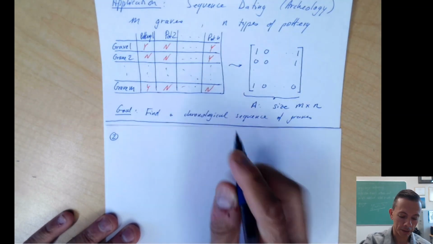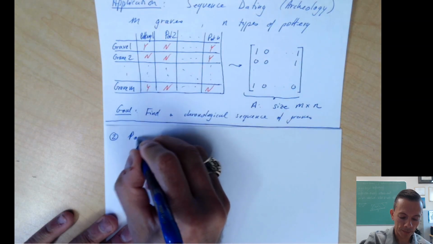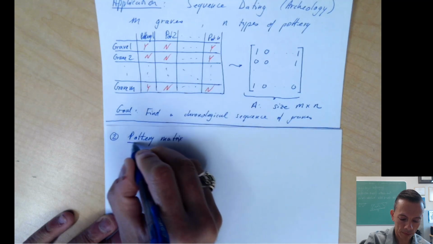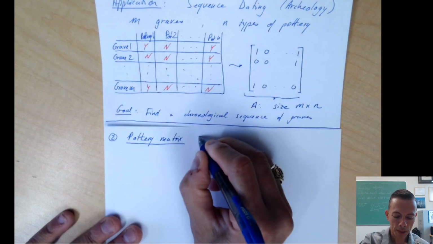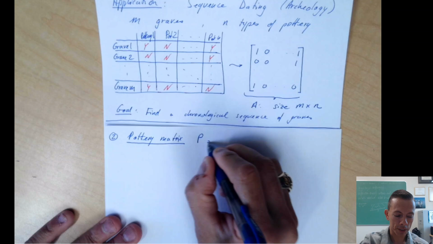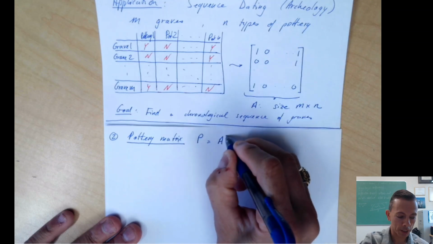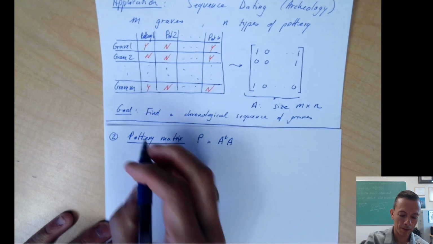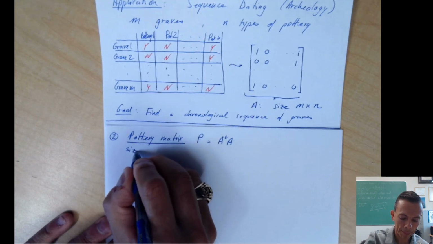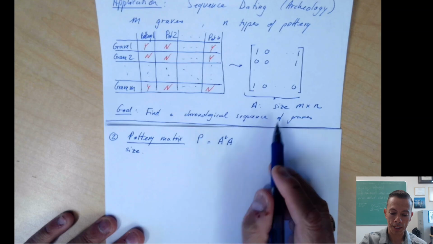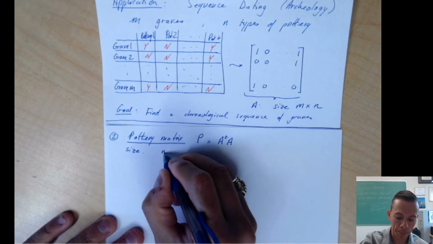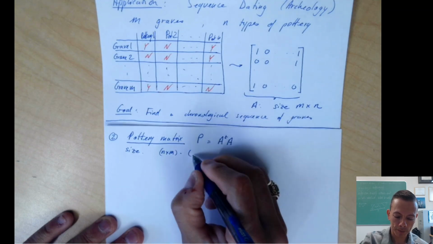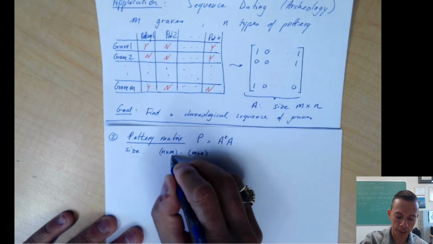Let's call this the pottery matrix, capital P, which is defined as A transpose times A. The size of A transpose is now n by m, and it's multiplying A, m by n, so the multiplication is possible.